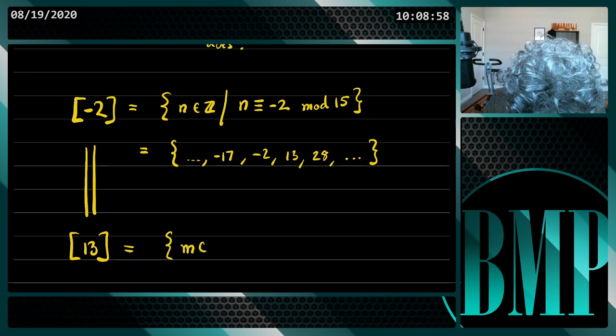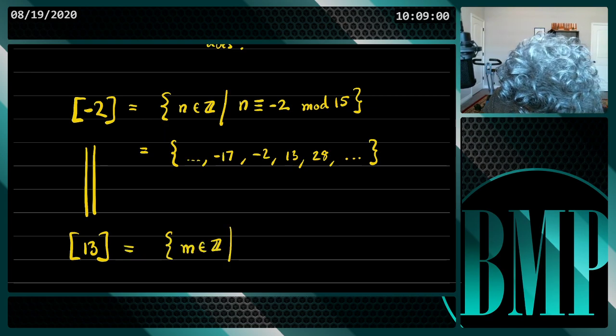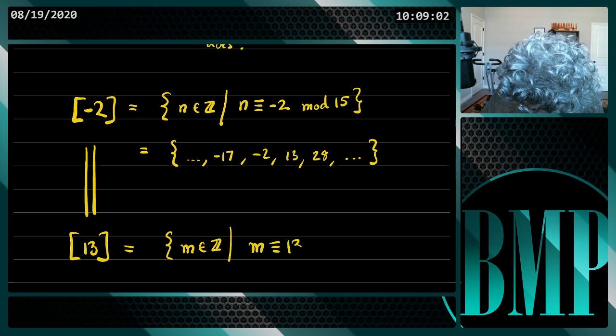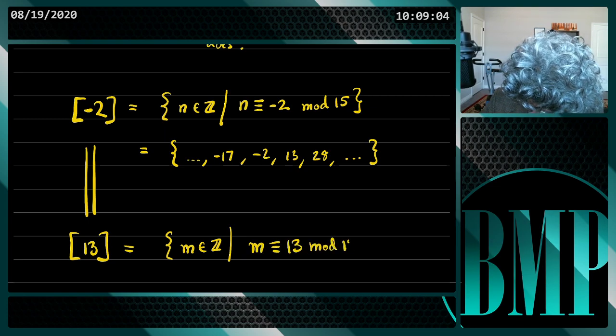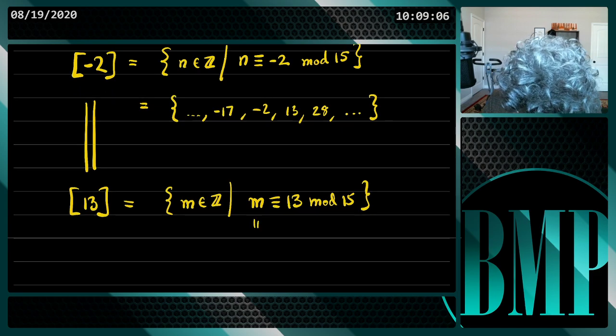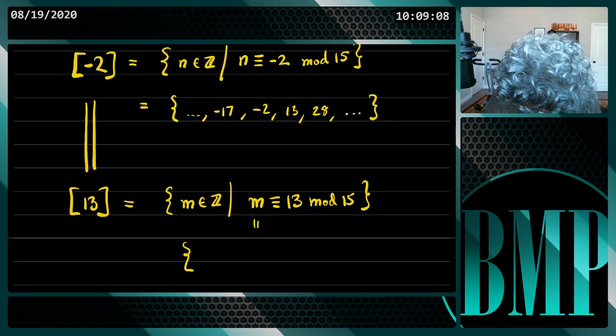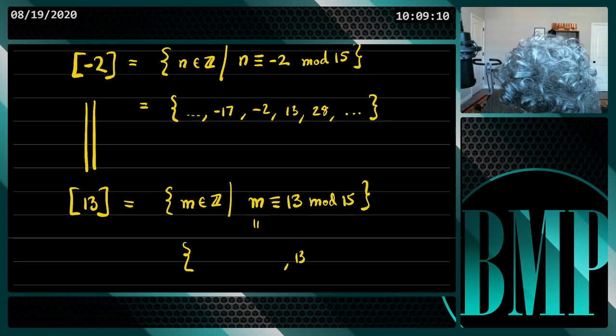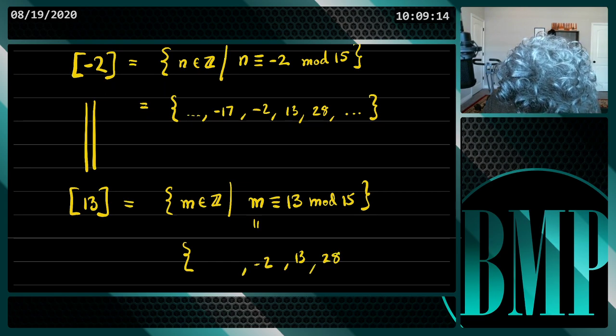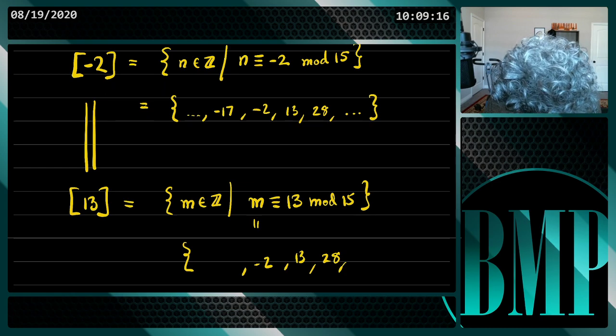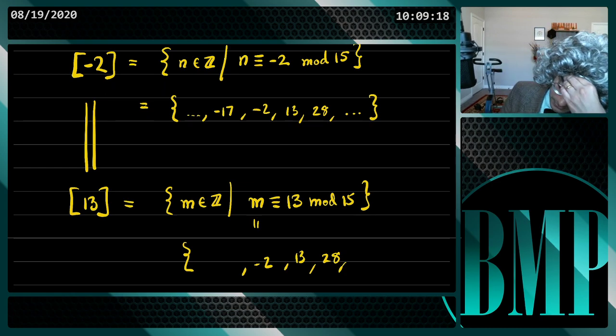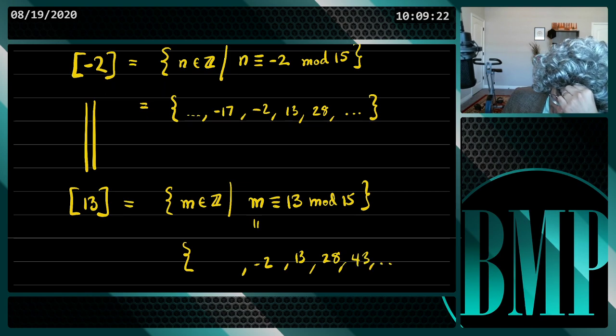This is the set of integers such that you're congruent to 13 mod 15. But look at this set. I mean, it's the same exact family. You're going to get 13 in there. You're going to get -2 in there. You're going to get 13 plus 15, 30, 43, whatever.